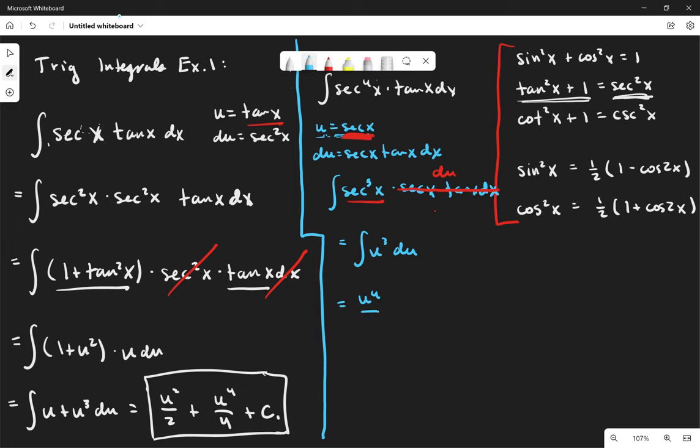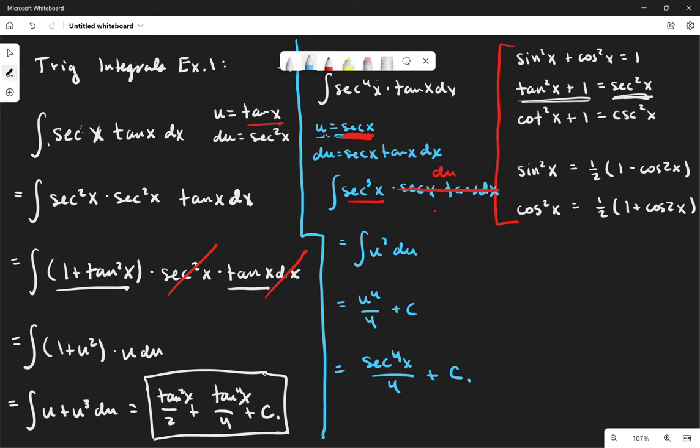This is u to the fourth over 4, or secant to the fourth over 4. And there you go. I actually just realized I also forgot to rewrite this in terms of x's. U squared is tangent squared. And there you go.